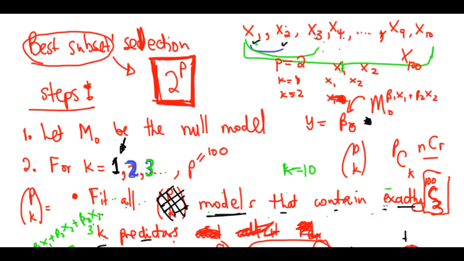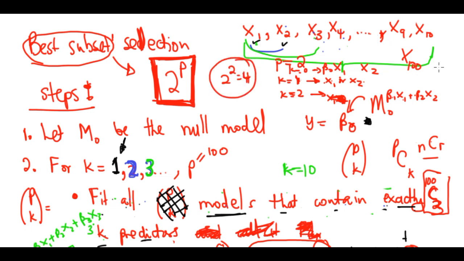And then we have our null model that just has beta naught, when k equal to 0, the first one that we start off with. So we have 1, 2, 3, 4 models. When p equal to 2, that is 2 to the power of 2, so we'll fit a total of 4 models.